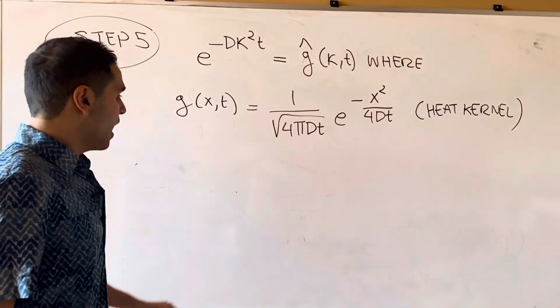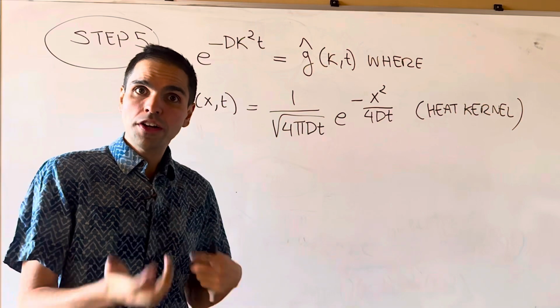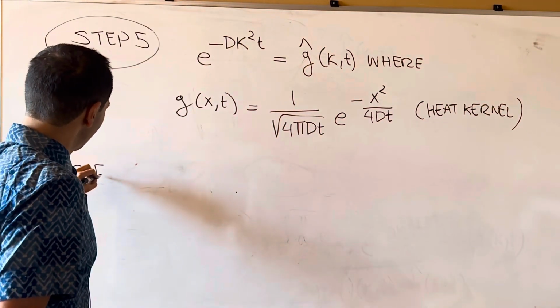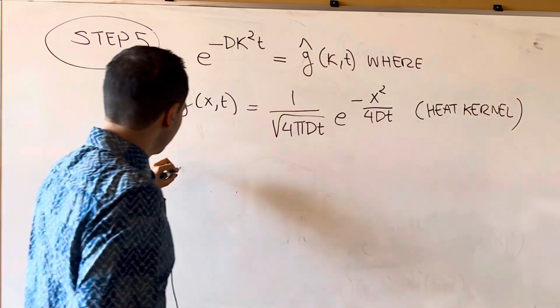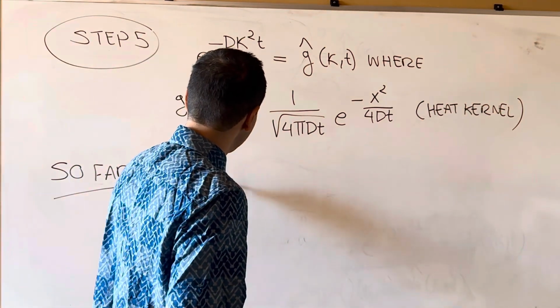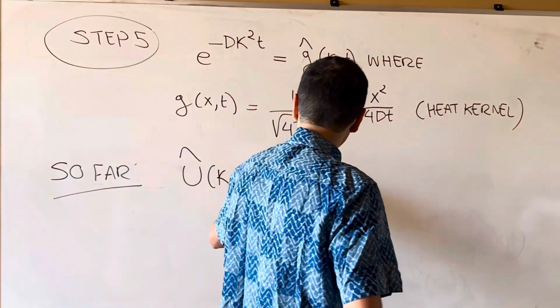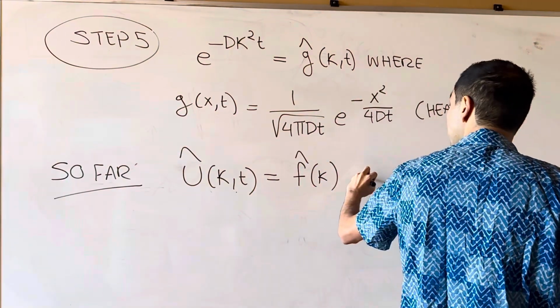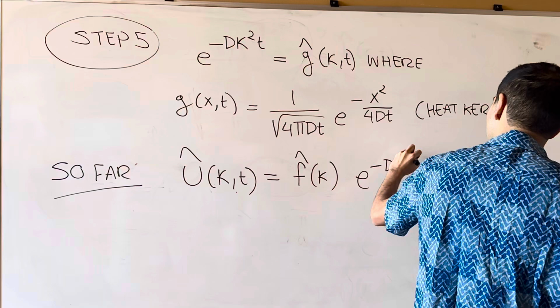Perfect. And now let's go back to our u hat. So what we found is that u hat of kappa, t, remember that was f hat of kappa times e of minus d kappa squared t.